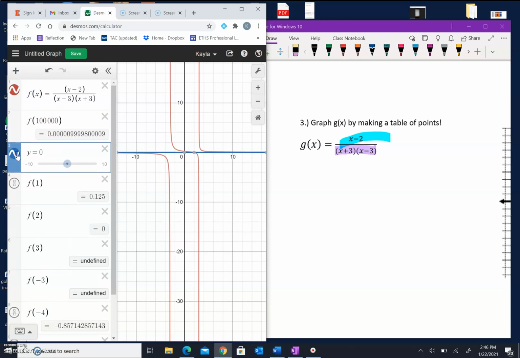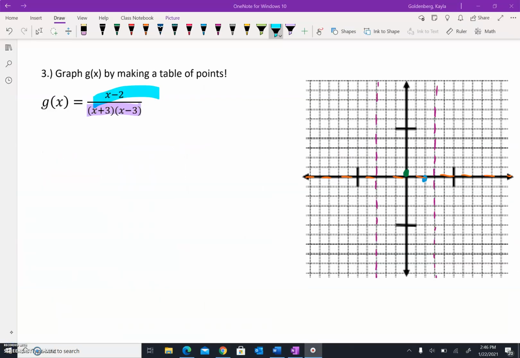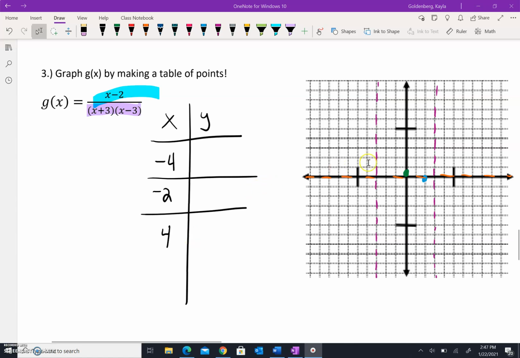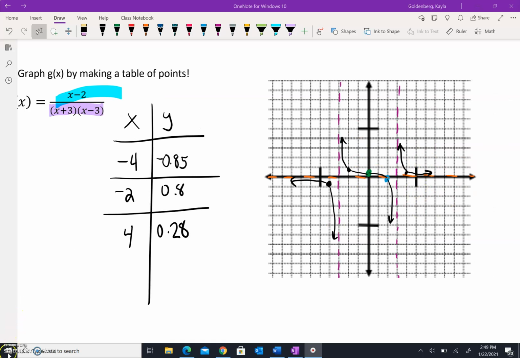Okay, so that's my horizontal asymptote, and I've got that drawn in. I can see that there are 1, 2, 3 areas based on my vertical asymptotes. So I need to have something in each of those 3 sections. I'm going to suggest 1 point over here, a point to see what happens on the piece in the middle, and then 1 point on the far right section. And then there's 5.